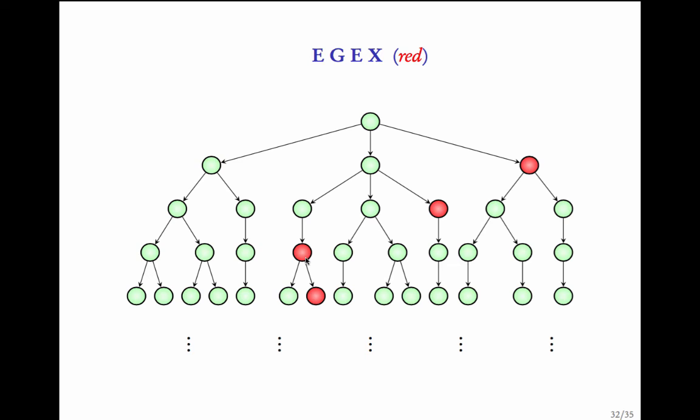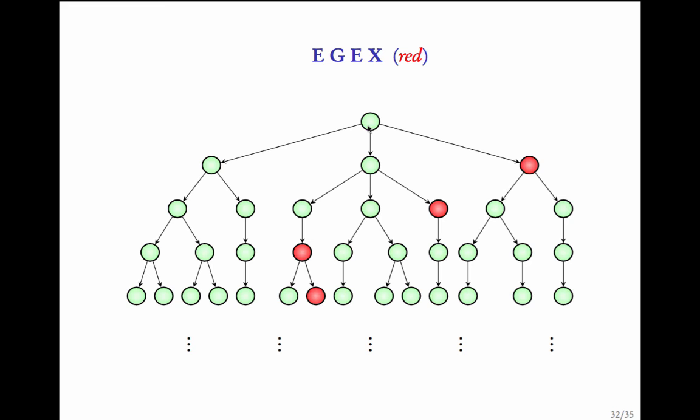In this state, EX red is true because there exists a path out of this state satisfying next of red. Similarly, you can assume that from this state there exists a path satisfying X red.